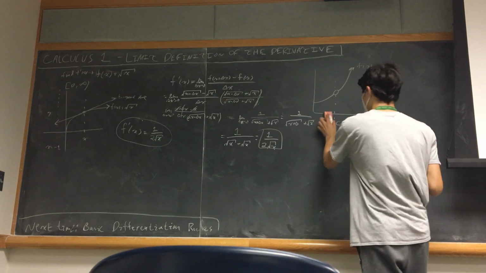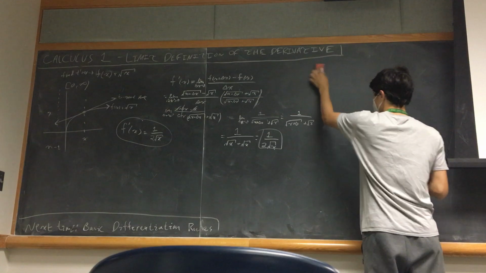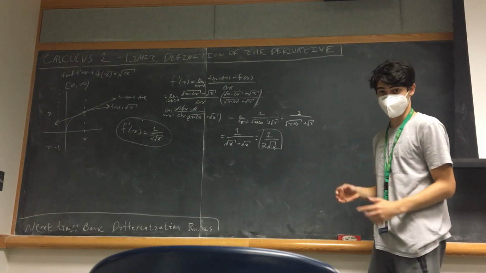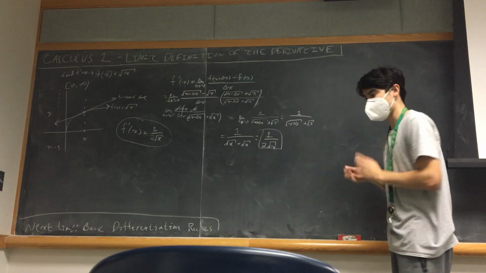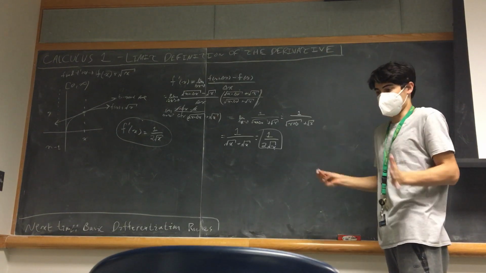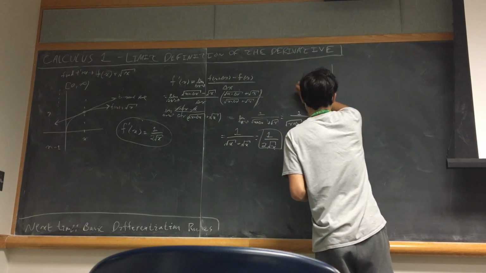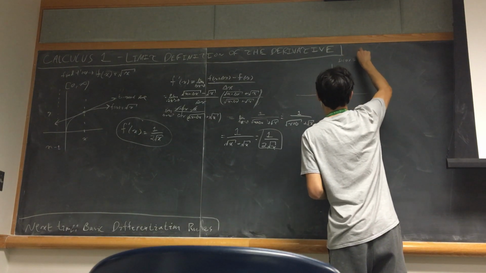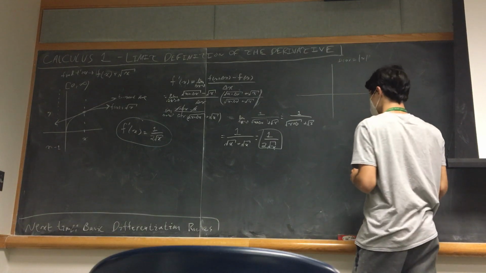And another case is the derivative doesn't exist if the derivative from the left and the derivative from the right aren't the same. Now that sounds kind of odd at first, but let me draw the graph f of x is equal to absolute value of x.